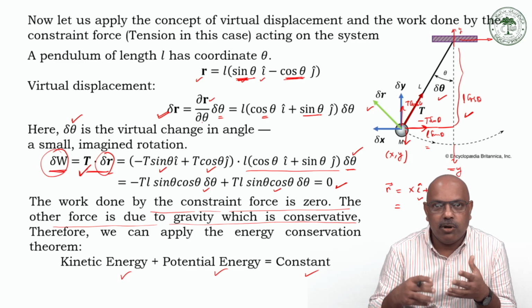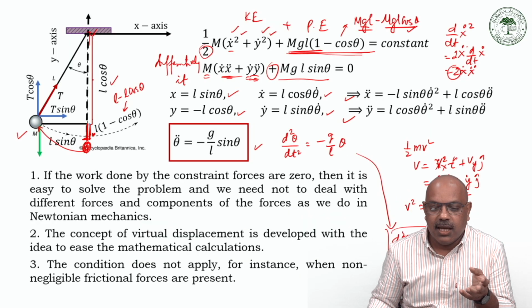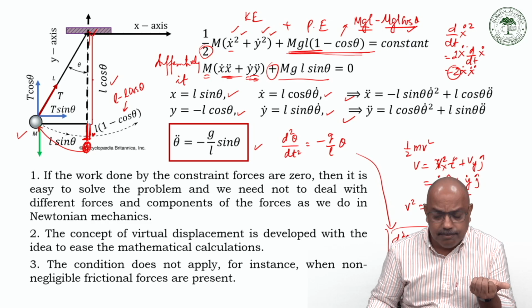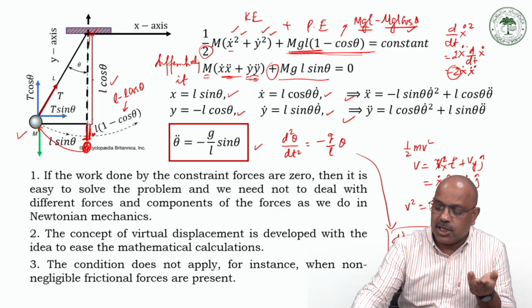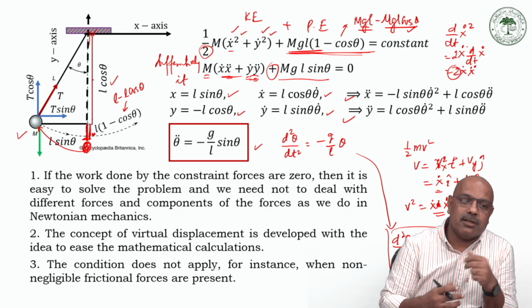You only bother about the actual forces acting on the system, apply the conservation related to the system, and get the same equation of motion, which gives your expression for theta, the configuration of the system.